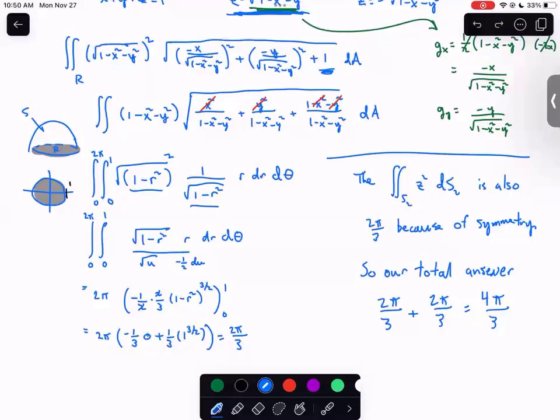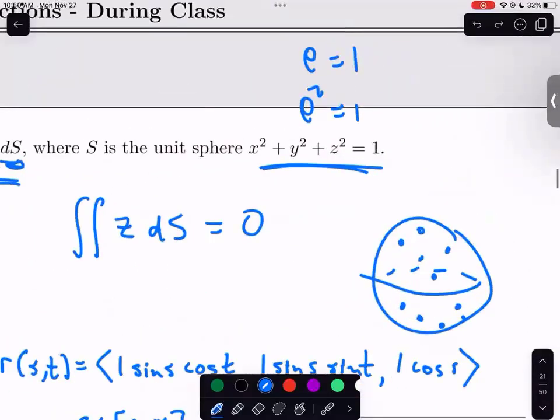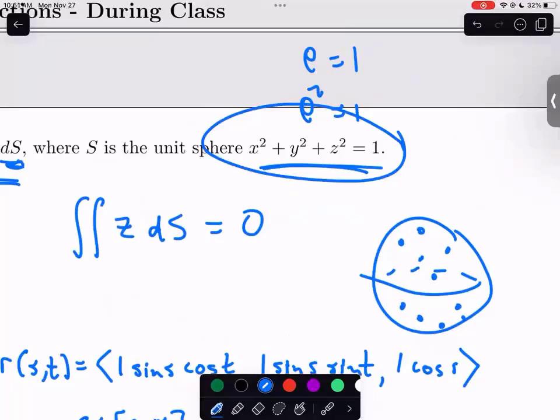So it really comes down to your surface equation. If your surface equation is already solved for z equals, you're going to be using explicit, almost certainly. If the surface equation is given to you parametrically, you pretty much are going to be using the parametric.